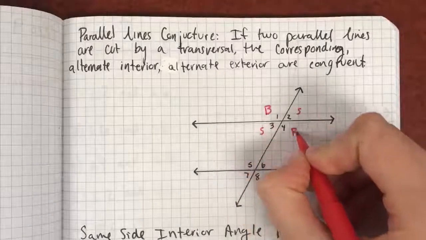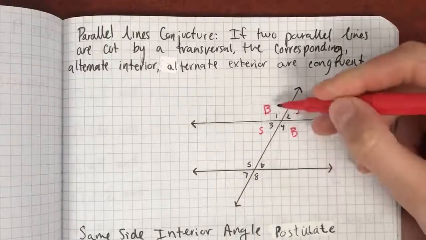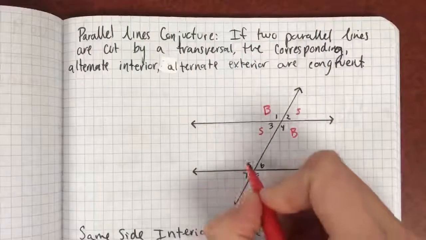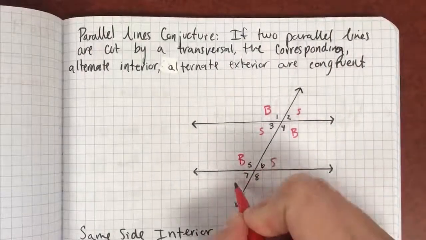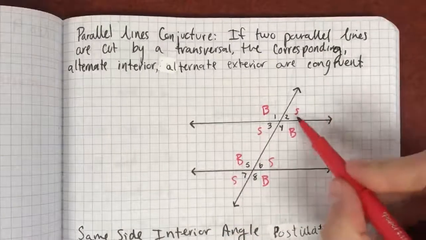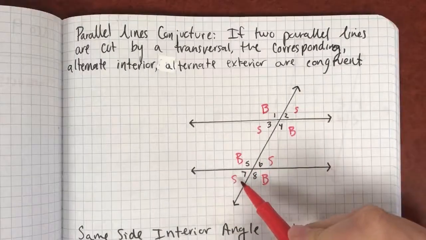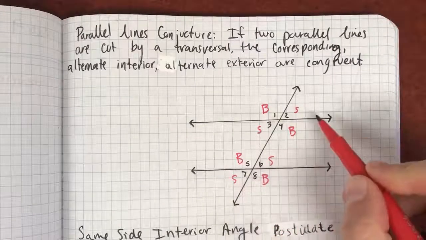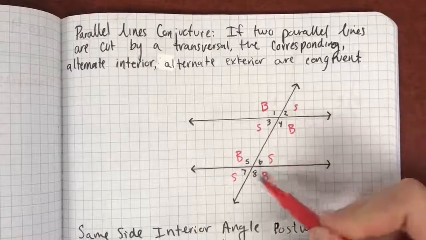The big angles are going to be congruent. The small angles are going to be congruent. Same over here. We've got big, small, big and small. So 2 and 7 are congruent because those two are both the same small angle.